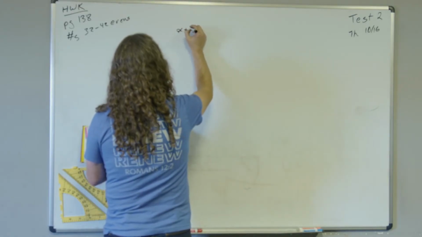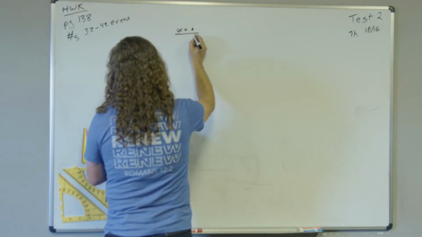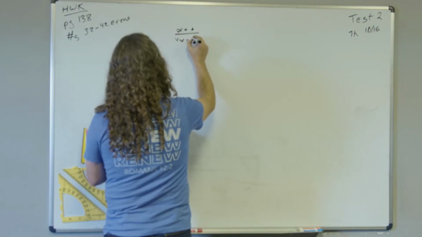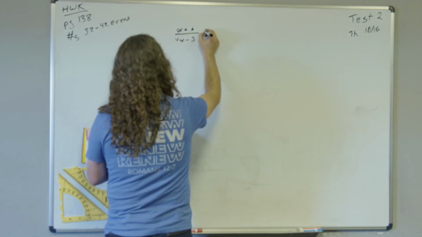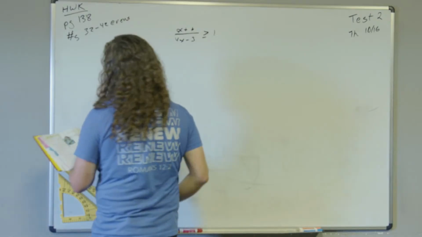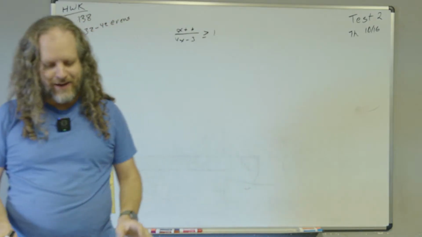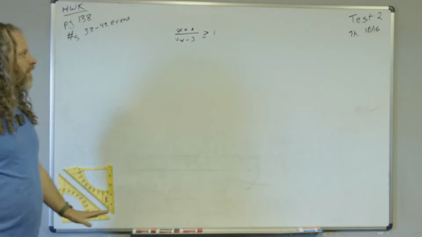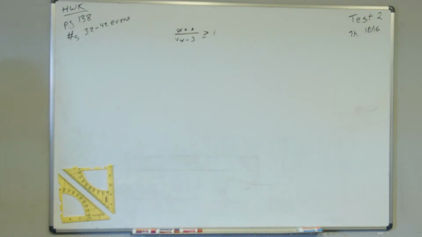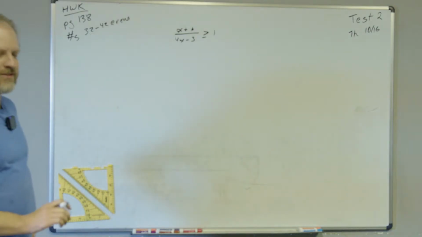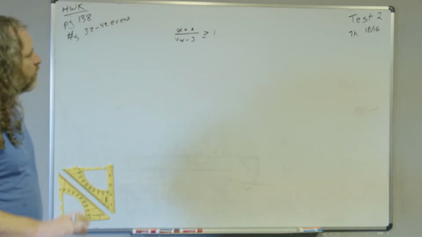Solve (x + 6)/(4x - 3) greater than or equal to 1. So we need to find our critical points. There's more of them than it looks like. So what do we do first?